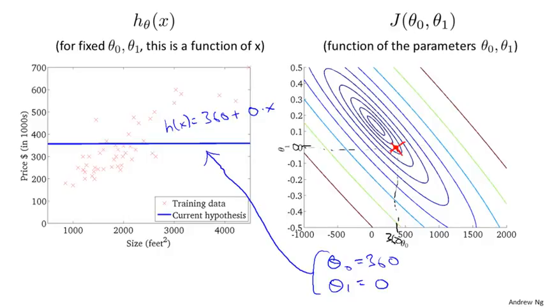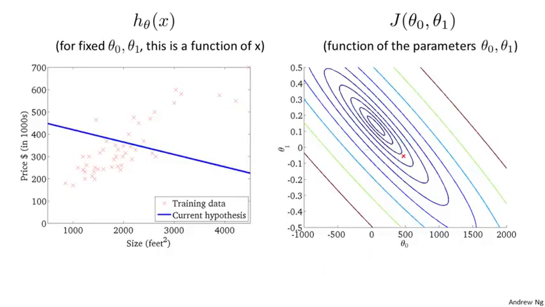Let's look at just a couple more examples. Here's one more. At this value of theta 0 and at that value of theta 1, we end up with this hypothesis h of x. And again, not a great fit to the data, and we've moved even further out from the minimum. Last example. This is actually not quite at the minimum, but it's pretty close to the minimum.